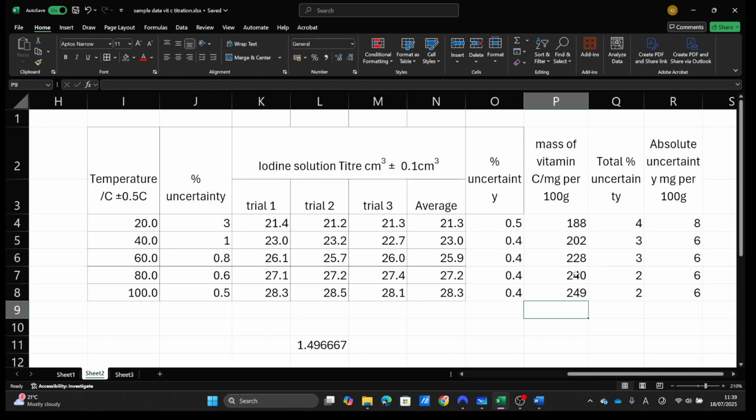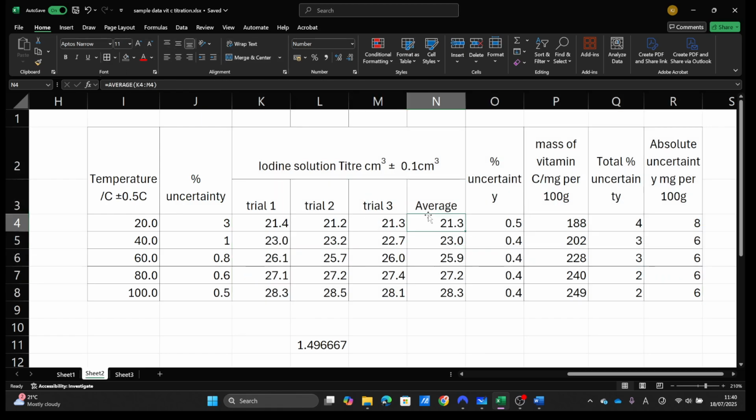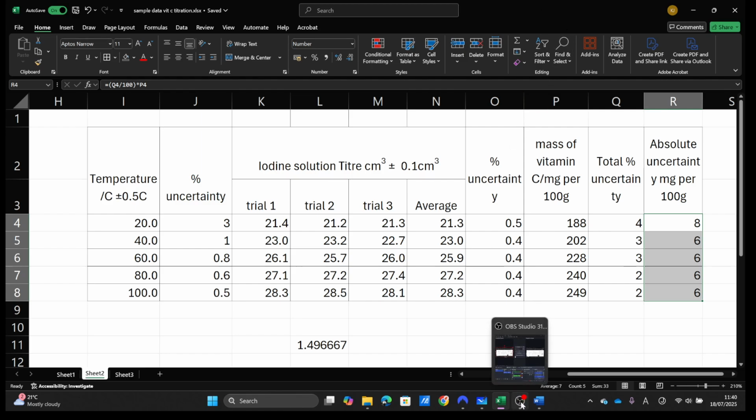Okay, so this is now what we should be seeing for a set of processed data. Things to watch out for is that all your uncertainties are to one significant figure, and that the precision of your final value matches your absolute uncertainty. Okay, hopefully that is helpful. Take care.